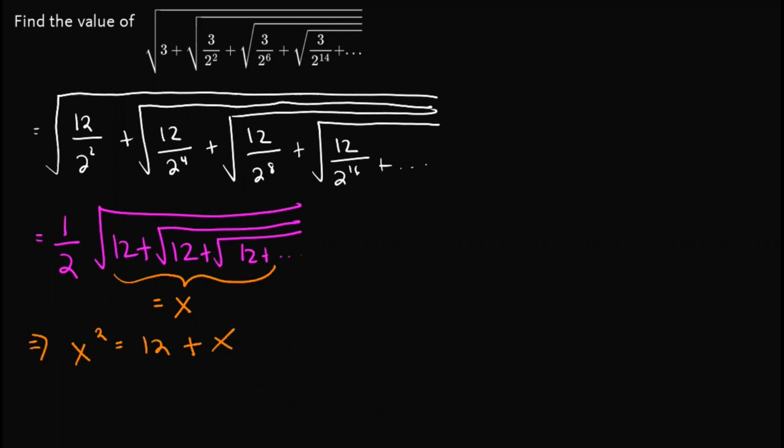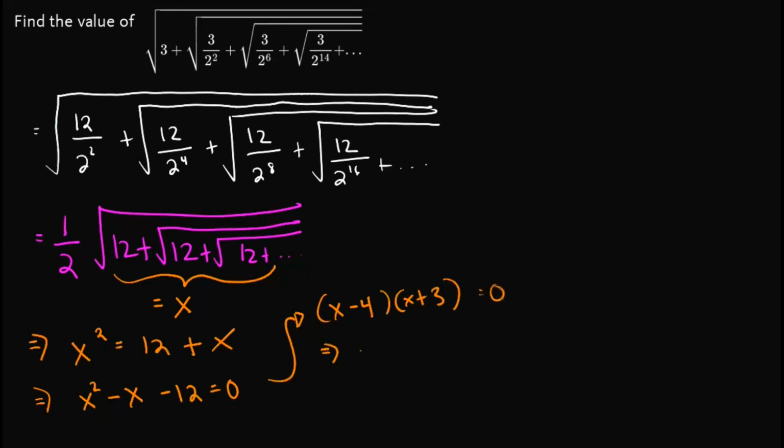And so upon some rearranging of the terms, we will have x squared minus x minus 12 equals 0. And this one factors into x minus 4 times x plus 3, which implies that either x is equal to 4 or x is equal to negative 3.